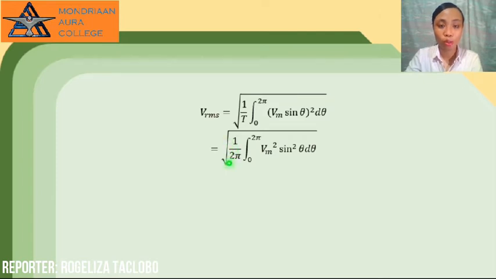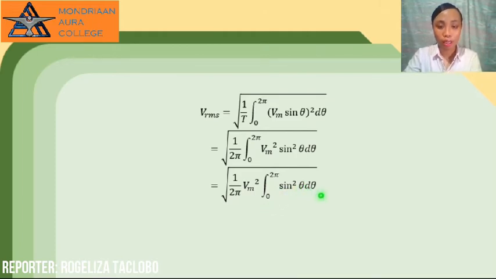So 1 over 2 pi square root of the integral from 0 to 2 pi of Vm squared sine squared theta d theta. So itong Vm squared natin, pwede naman natin siyang ilabas dahil constant siya. May value siyang given. Ayan. So what we have left inside the integral is sine squared theta d theta.